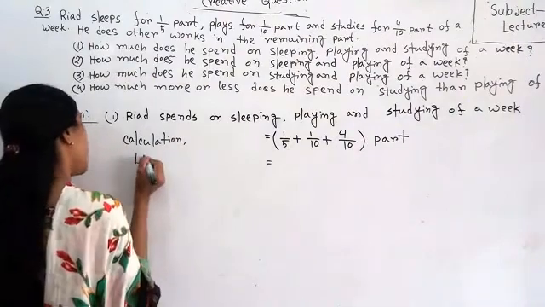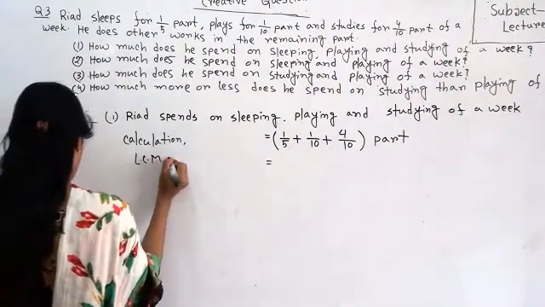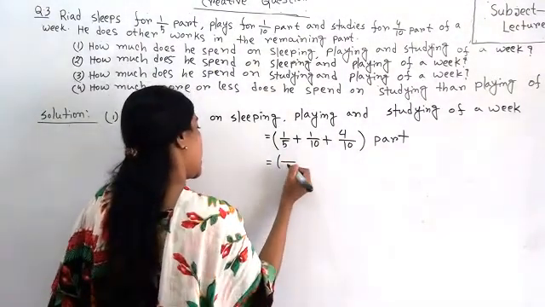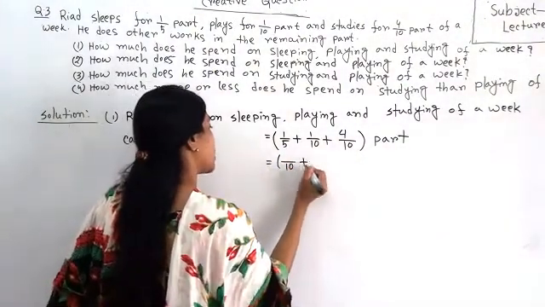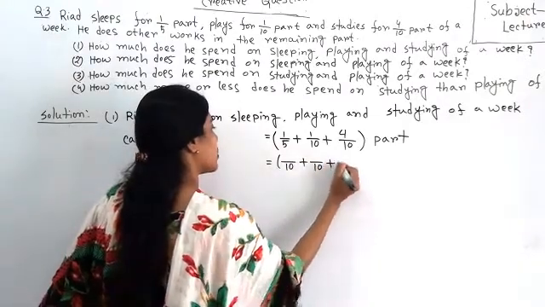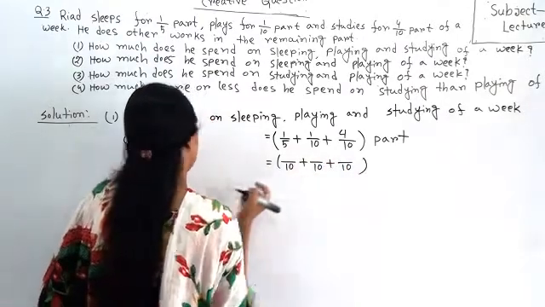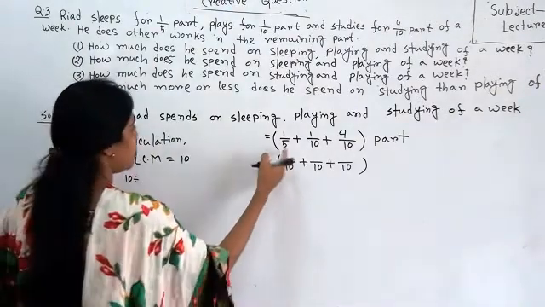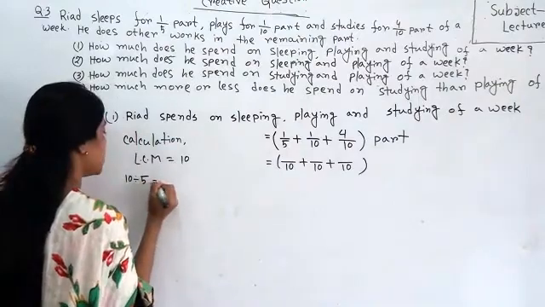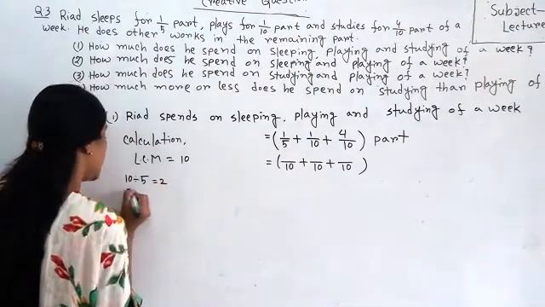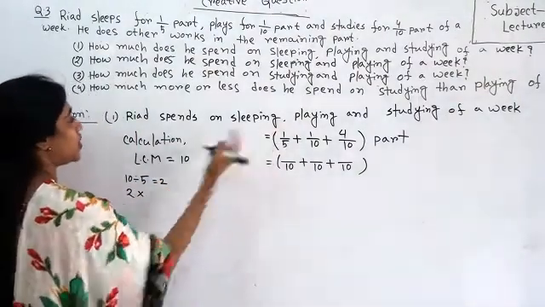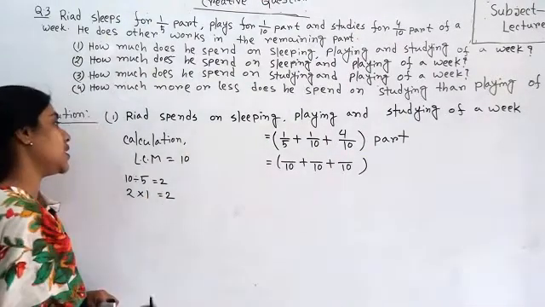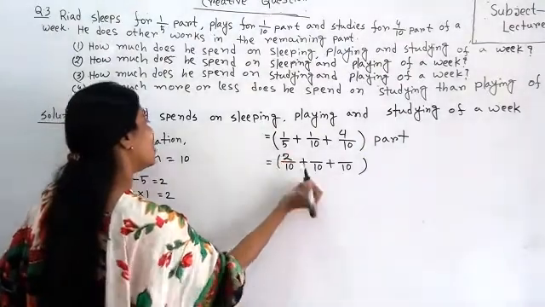Here the LCM of the fractions is 10. Now 10 is written as the denominator of the 3 fractions. For the first fraction, 10 divided by the first fraction denominator 5 gets result 2. This 2 multiplied by the first fraction numerator gets result 2, written as the first fraction numerator.